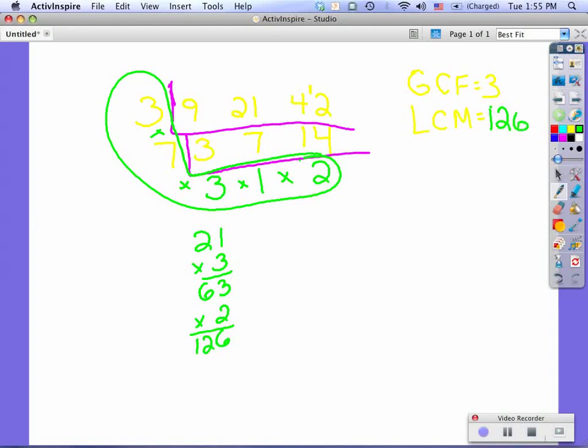Now remember, the way to check your work would be to take all the multiples of 9, go up to 126, all the multiples of 21 up to 126, all the multiples of 42 up to 126, and make sure it's the smallest common multiple.